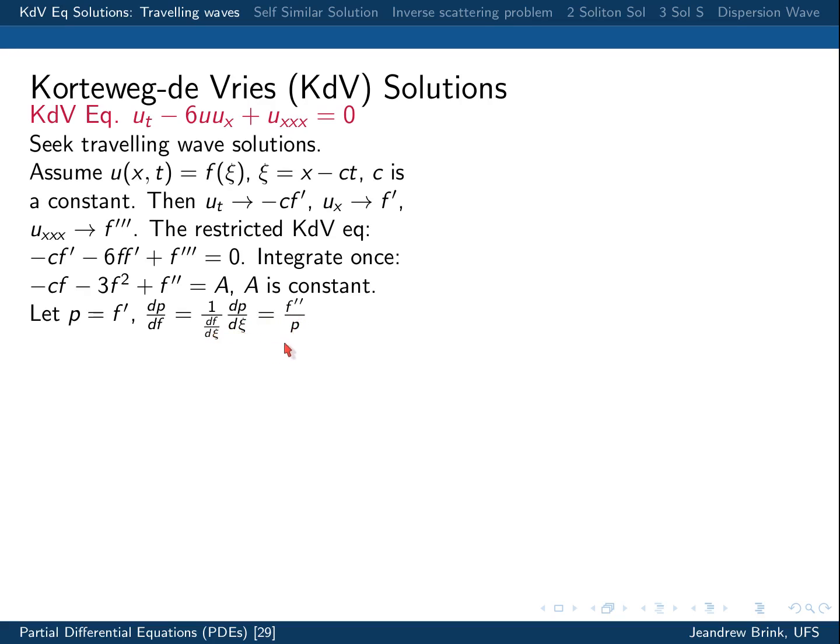And we can then use this expression to substitute in for f double prime. So we're now going to have f double prime is equal to p times dp df, and we substitute it in there.